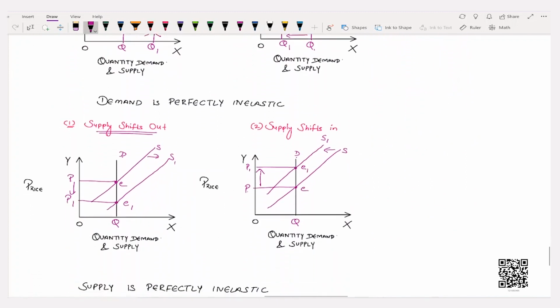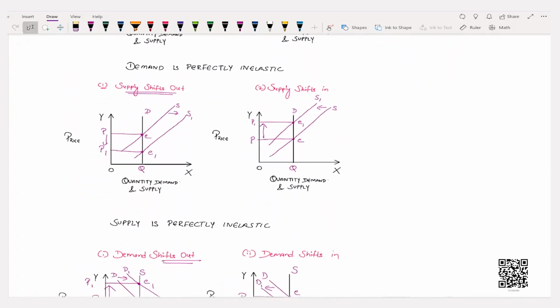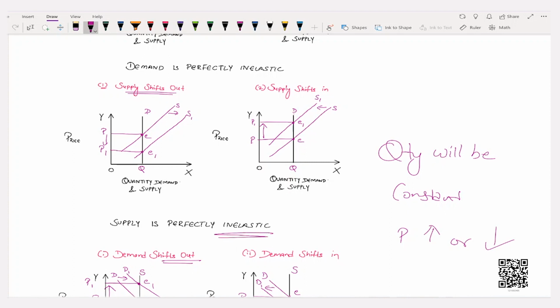But in the cases where demand or supply is perfectly inelastic, quantity will be constant, but price may increase or decrease, because a perfectly inelastic curve says that irrespective of an increase or decrease in price, the quantity remains constant. But a perfectly elastic curve says that irrespective of change in quantity, the price would remain constant.